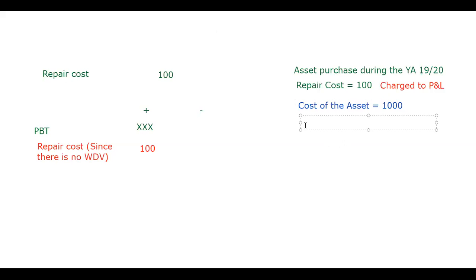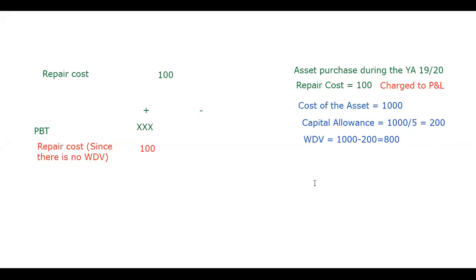Let's say machinery capital allowance, how we are going to calculate? 1,000 divided by 5 years, capital allowance is 200. Then the WDV for this year, WDV 1,000 minus 200 equals 800.